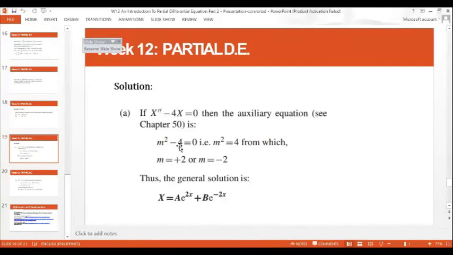And after natin makategorize yung mismong value ng m natin, makakakuha na tayo ng general solution based dun sa pinakita natin. If ever na real ba siya, real and same value yung m or different value yung m, or categorize siya as complex. And balikan lang ulit natin yung week 12, week 13 natin na ito lang din yung ginawang solution for that problem.